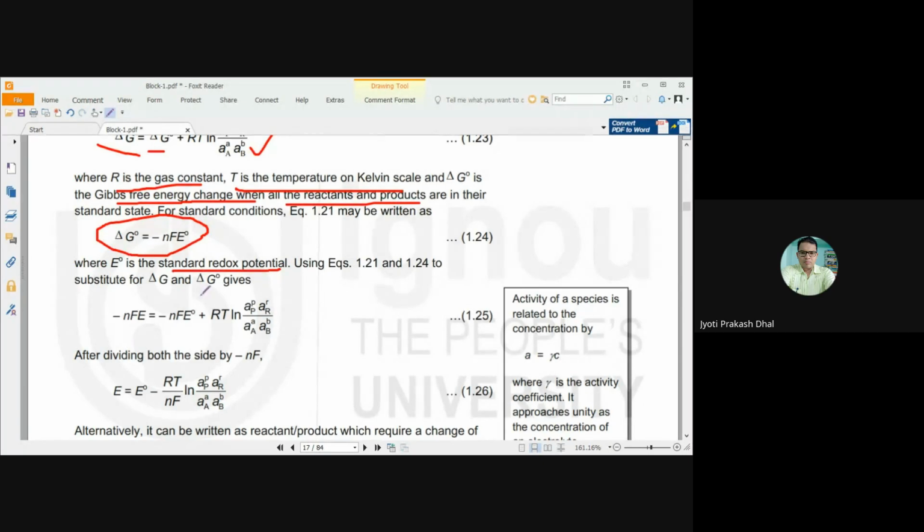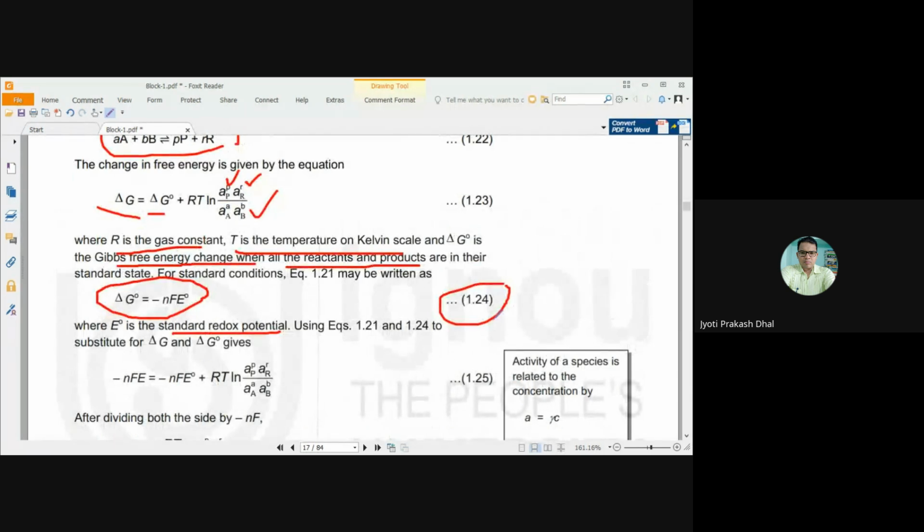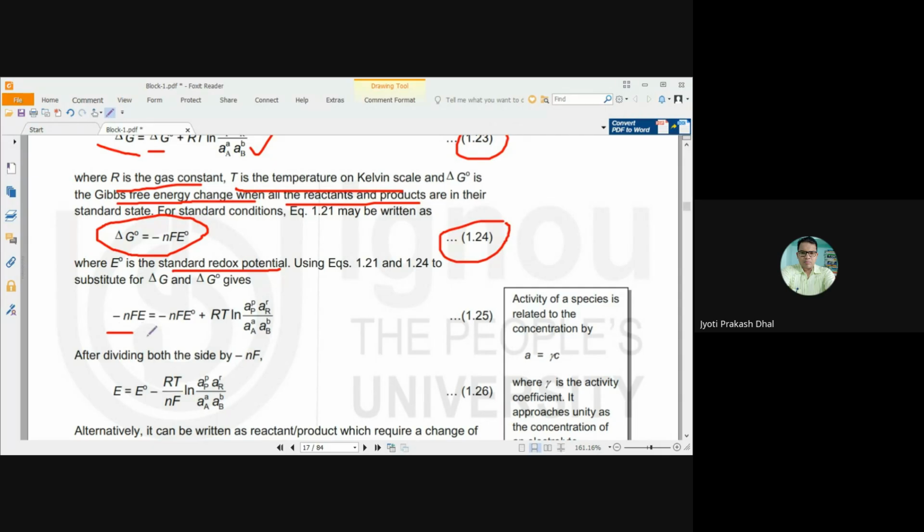Now putting the value of ΔG° from equation 1.27 in equation 1.23, we can write minus nFE equals minus nFE° plus RT ln activity of P to the power p into activity of R to the power r divided by activity of A to the power a into activity of B to the power b.